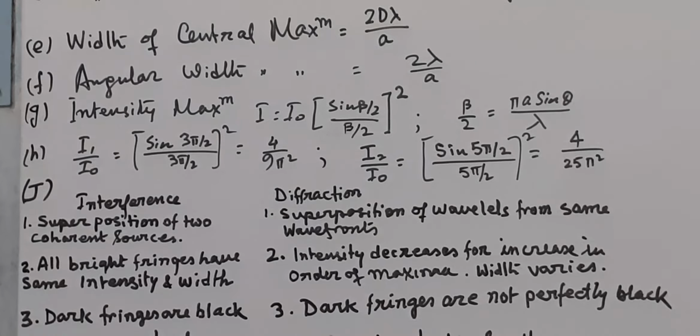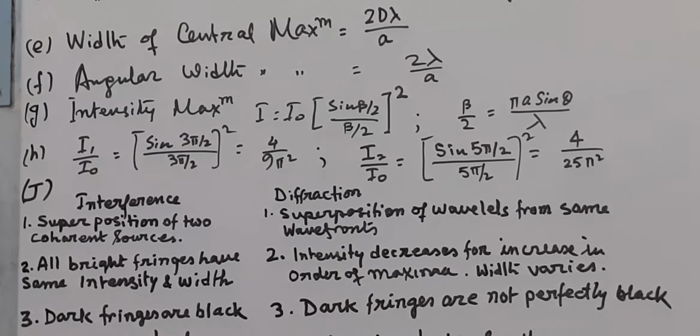Number 3, in interference, dark fringes are black, but in diffraction dark fringes are not perfectly black. Number 4, the number of bands is large in interference, while in diffraction the number of bands is small.